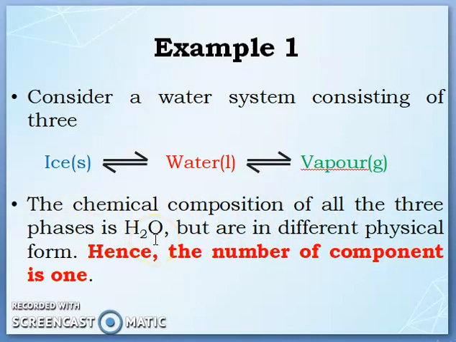Even though they are in different physical forms, the chemical composition of all the three phases is H2O. Hence, the number of components is 1.